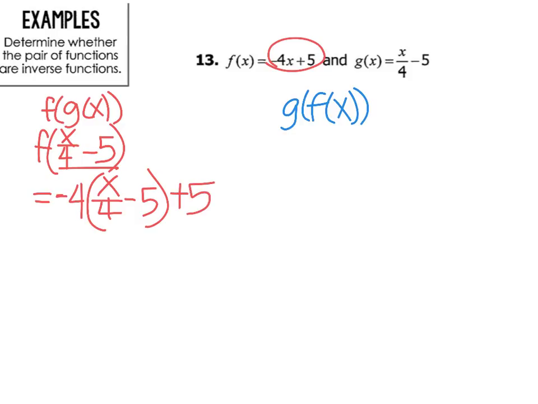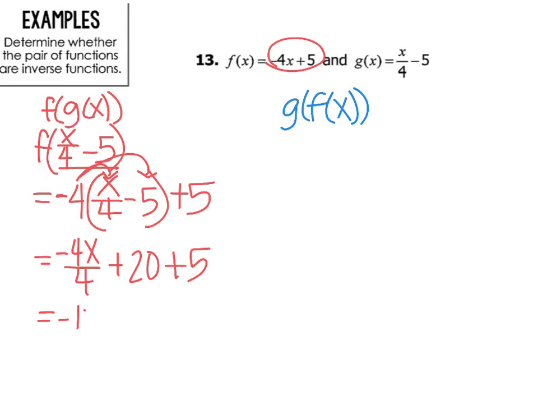Now we're just solving. So we want to distribute the negative 4 to both terms here. So we get negative 4x divided by 4 plus 20 plus 5. Negative 4x divided by 4 gives us negative 1x plus 20 plus 5. So x plus 25.